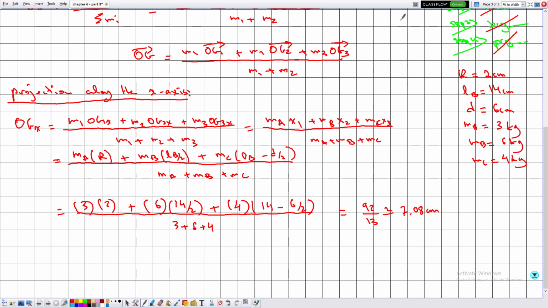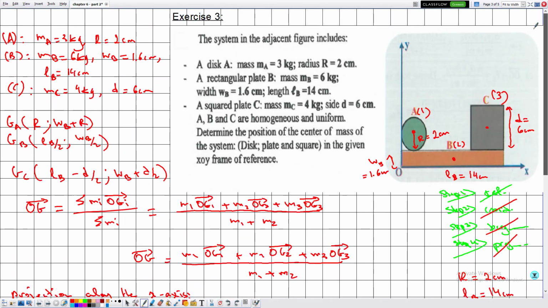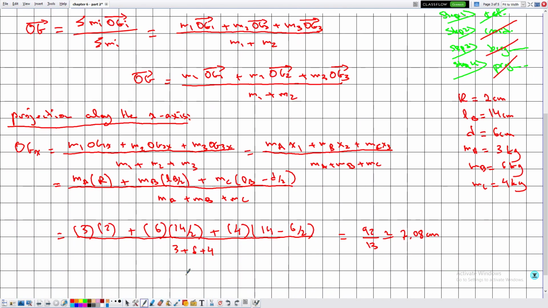Okay, so in this case xG is equal to 92 over 13 centimeters, which is equal to 7.08 centimeters. Okay, now we need to project along the y-axis.